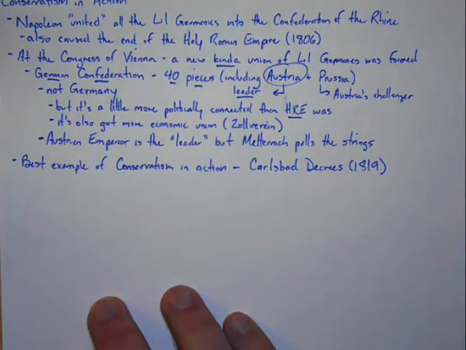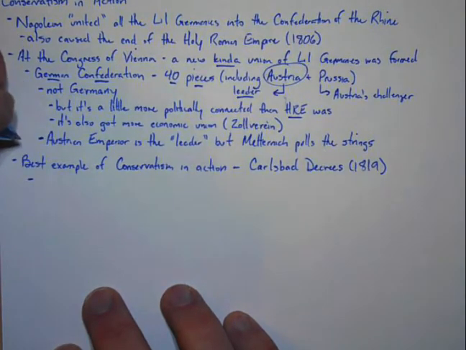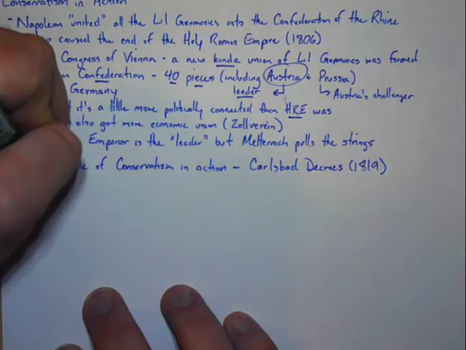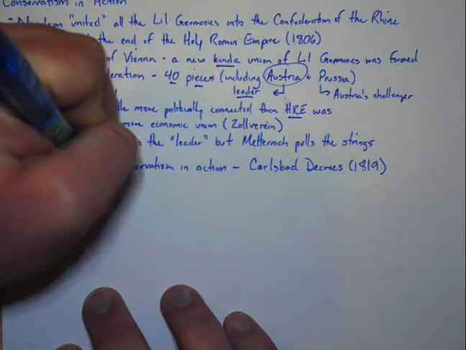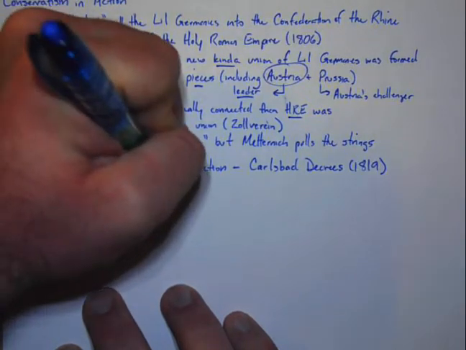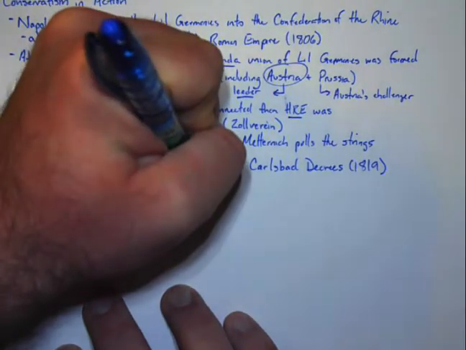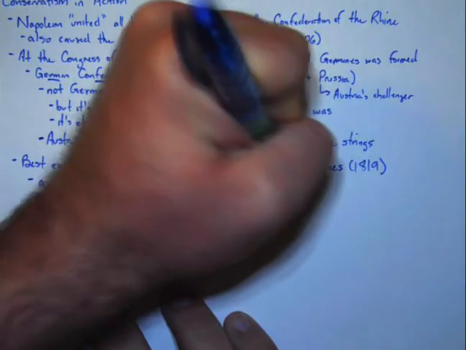So here's what happened that caused the Carlsbad Decrees to come about. In 1819, a famous conservative writer was killed by a liberal college student.